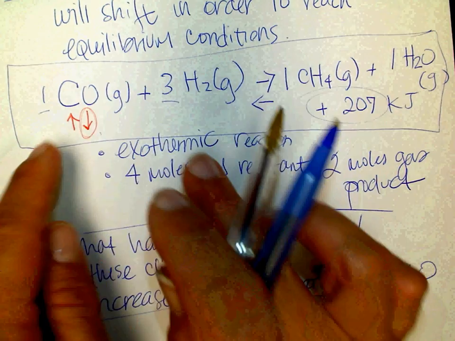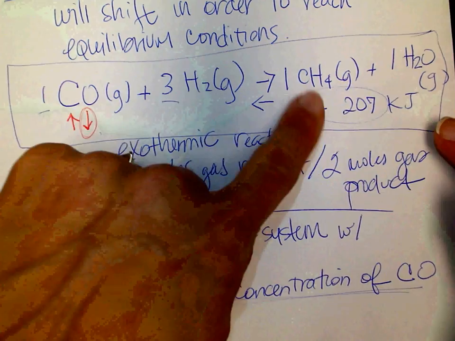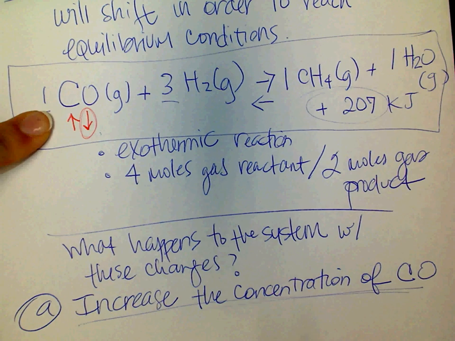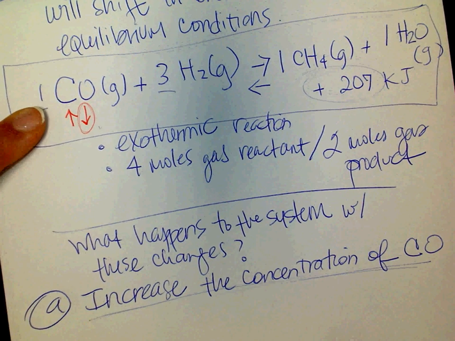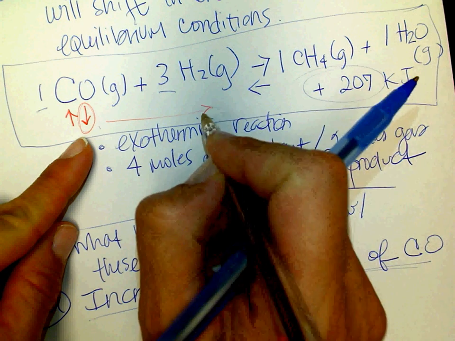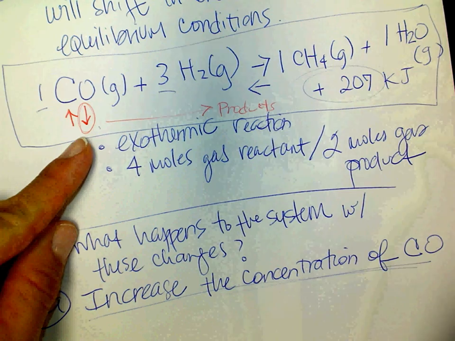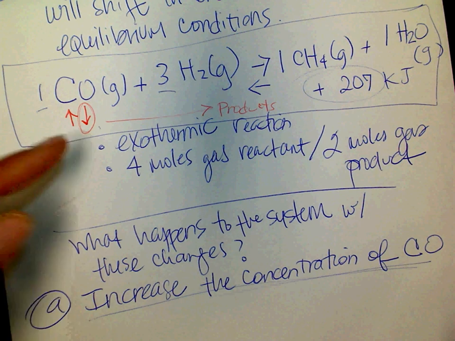Are we going to shift to the right and make more products, or are we going to shift to the left and make even more reactants? Shift to the right to make more products. Yes, we are going to go in this direction. We're going to shift to the right and make more products in order to use up or get rid of our carbon monoxide.